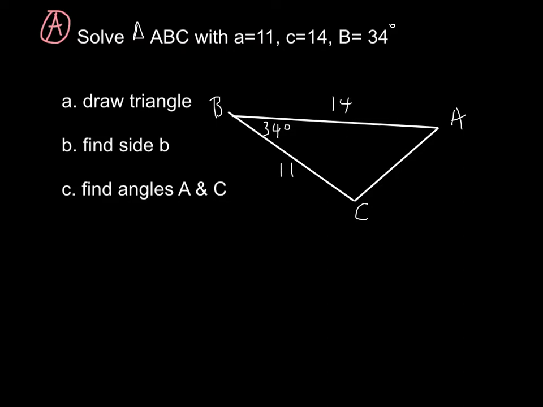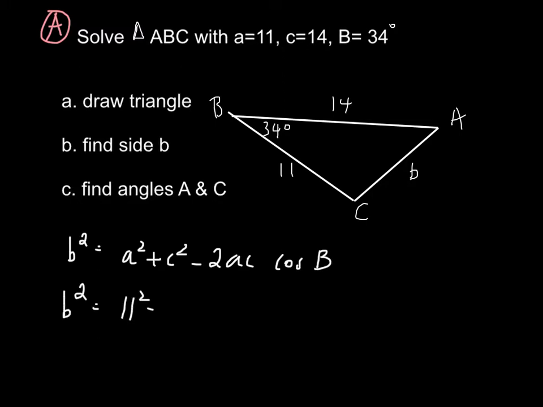Our second step is to find side B. We're going to do this by using our law of cosines. So B squared equals A squared plus C squared minus 2AC times the cosine of B. We plug in values for A and C, so 11 squared plus 14 squared minus 2 times 11 times 14 times cosine of 34.